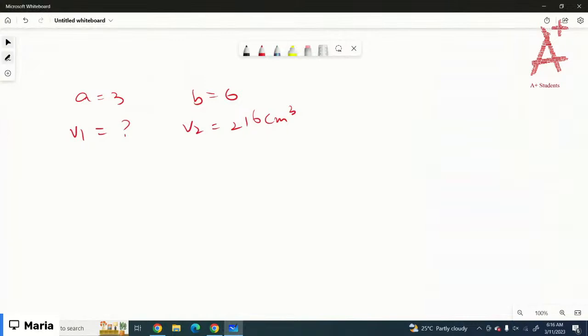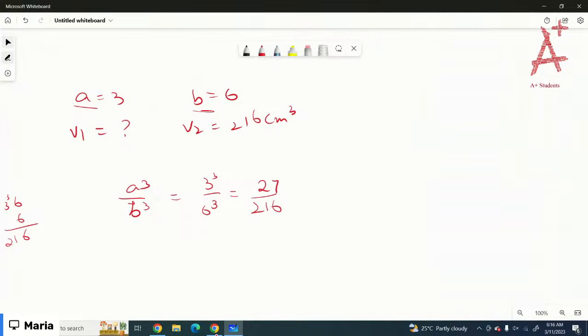Okay, so let's just calculate the cube of the ratios of their corresponding sides. It would be a cube divided by b cube. So 3 cube divided by 6 cube. 3 times 3 is 9, 9 times 3 is 27. 6 times 6 is 36, and 36 times 6 is 216. Got it?